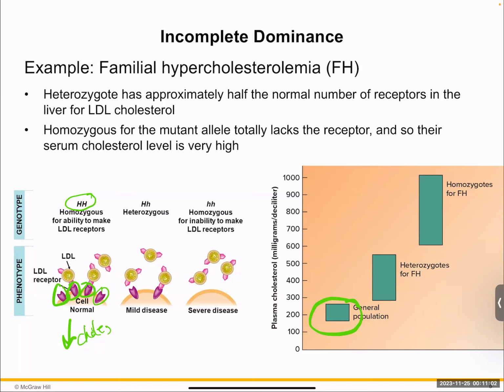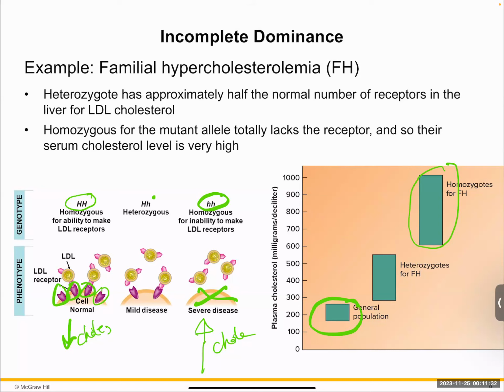Now, if you have a homozygous recessive, you will have zero receptors on the surface of the cell, which means your cholesterol is going to be super elevated. These are the individuals with the full medical condition, familial hypercholesterolemia.